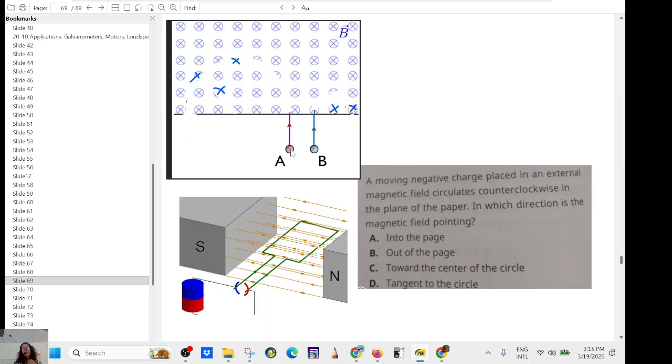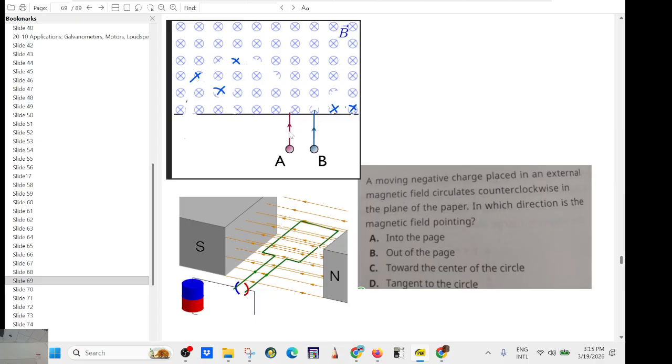Let's see. Let's say A is positive. Which way is it going to go? Here, the magnetic field is into the board. So try your right hand. Staring doesn't help, nothing will pop out. Moving this way, with the magnetic field into the board, it will be deflected that way.